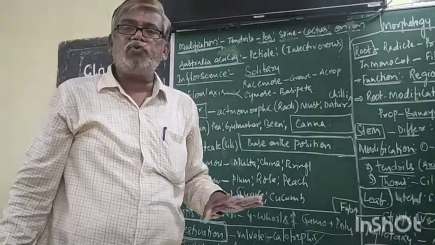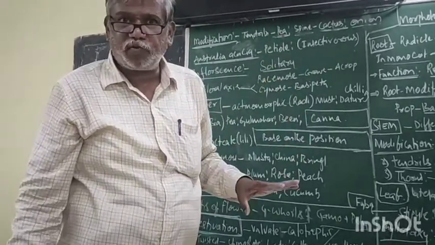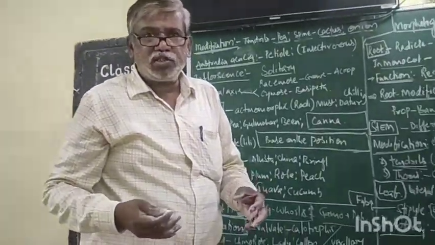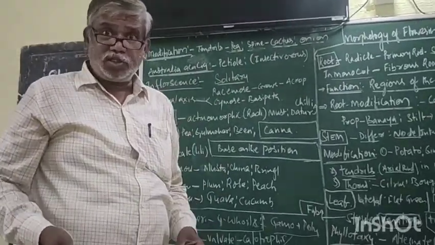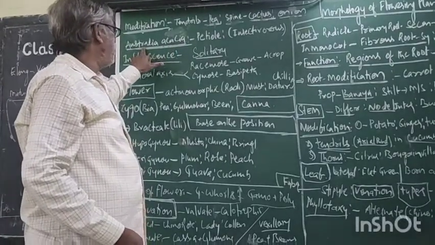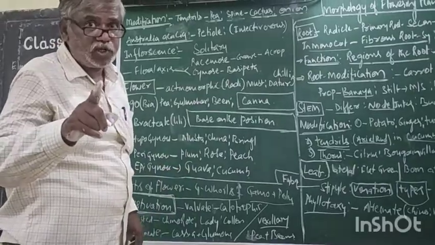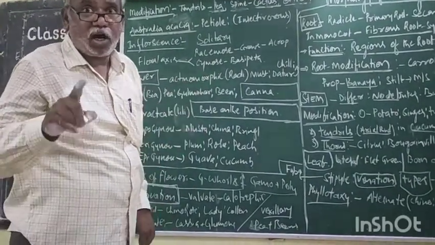If the rate of photosynthesis decreases, it affects other metabolic activities, because photosynthesis is the metabolism that synthesizes the food for the other metabolic activities. Due to this, here, what is the name of the plant? Australian acacia. The leaves are very small and short.